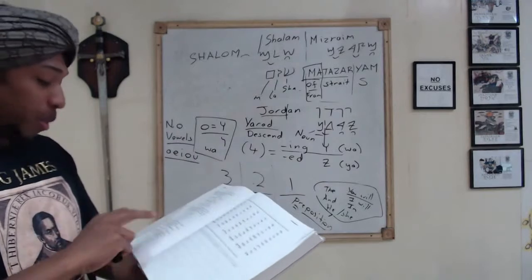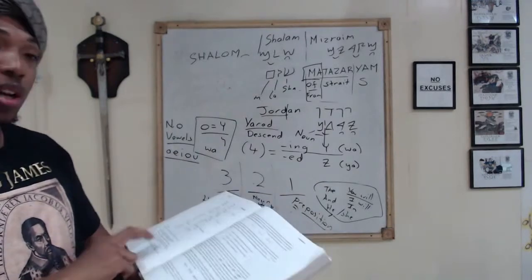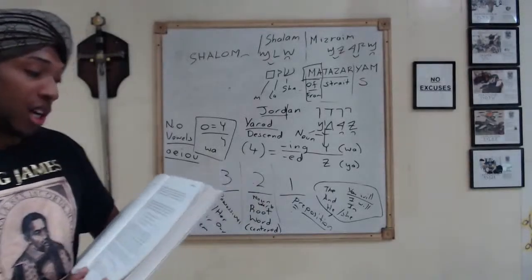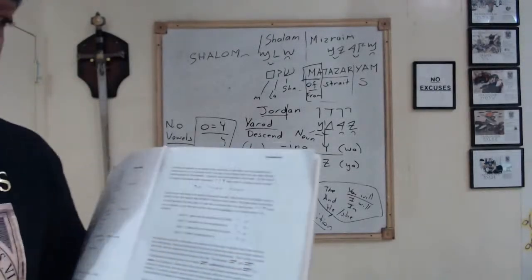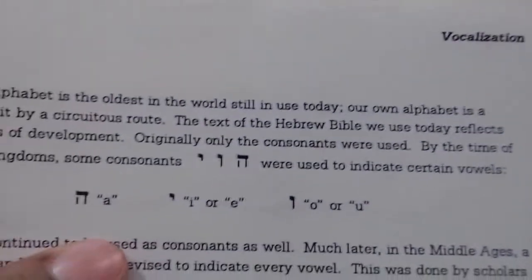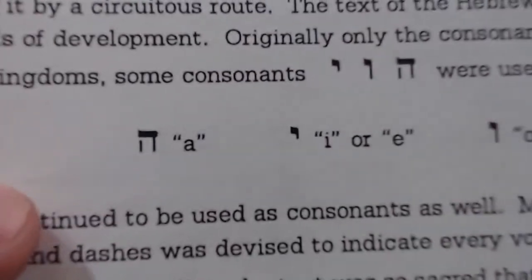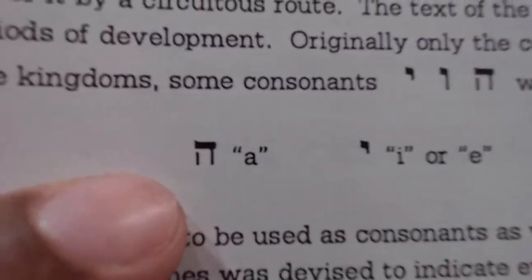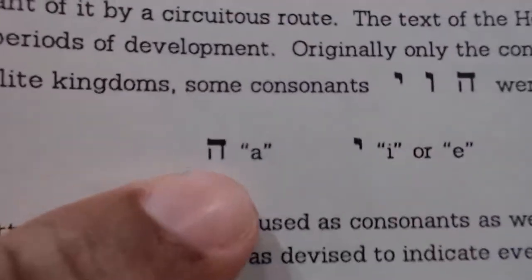And after Thomas, I'm gonna pass this to you so you can get a look at the cover and everything on your own. So on the key here, they have a key for how the Jewish man, before he started writing dots and dashes over everything, used certain Hebrew consonants to be vowels.